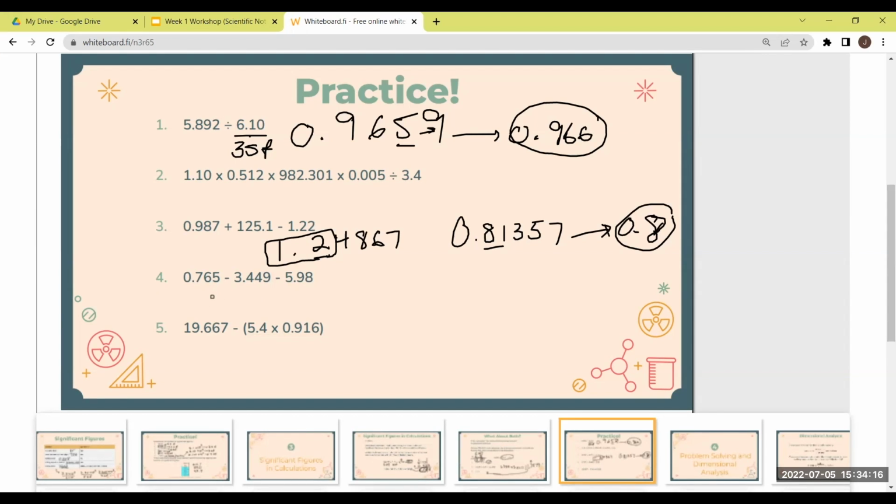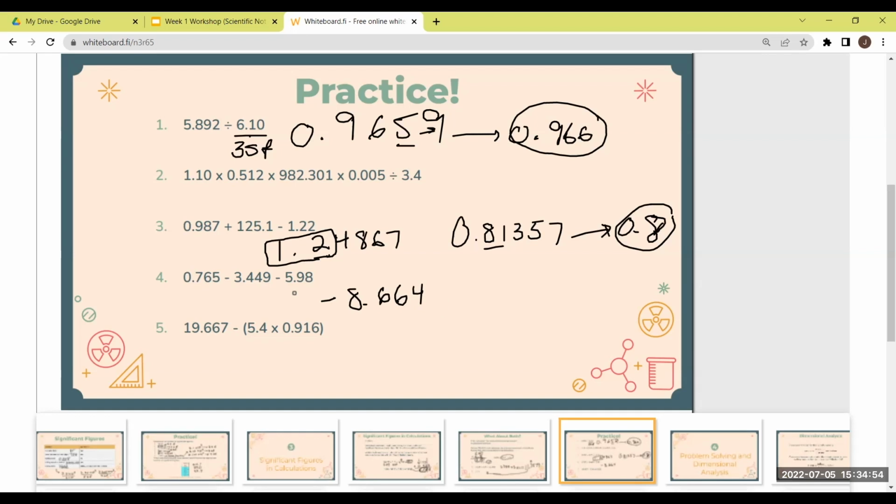Next, we have 0.765 minus 3.449 minus 5.98. So I'm going to put this into my calculator once again. And the answer is going to be negative 8.664.